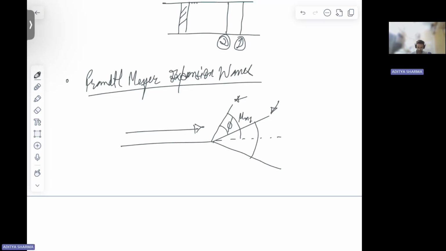The rearward Mach angle is this, which is mu m2. This is theta, the deflection angle.